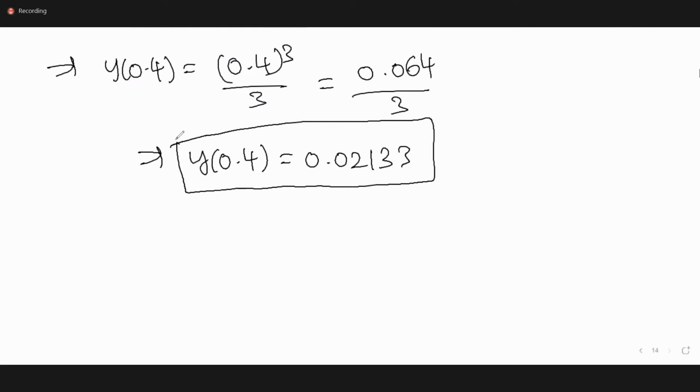So this value is obtained from a single step. That means there are no successive approximations, like first iteration, second iteration, third iteration. So without finding iterations, we can find the value in a single step method. That single step method is called Taylor series method.